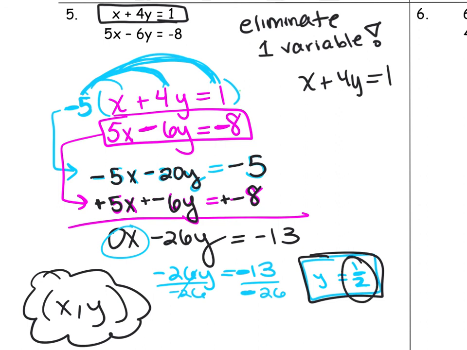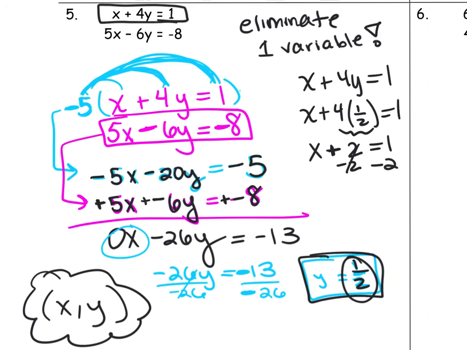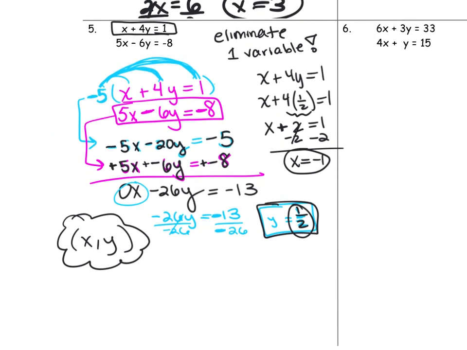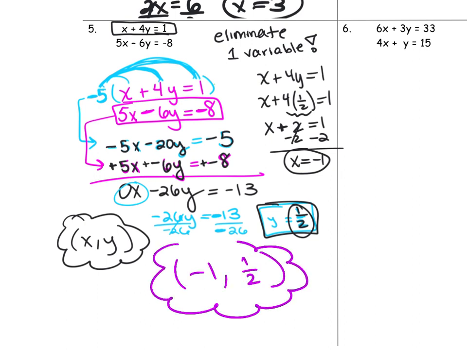Plugging in 1/2 for y, x plus 4 times 1/2 equals 1. You have calculators. 4 times 1/2 is 2. To undo this addition, we subtract, and we'll get x to equal negative 1. So my solution to the system of equations, because we got to write it as x comma y, is negative 1 comma 1/2.